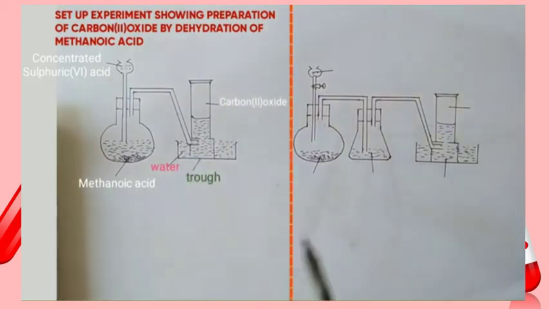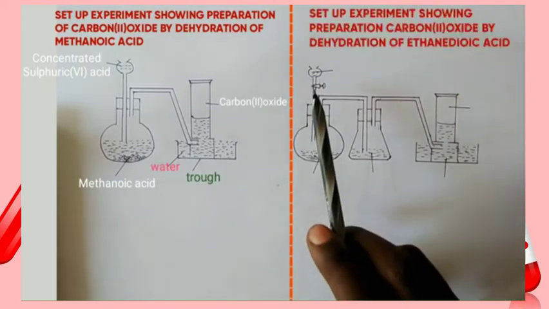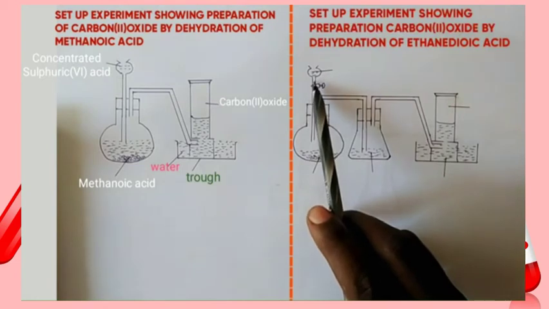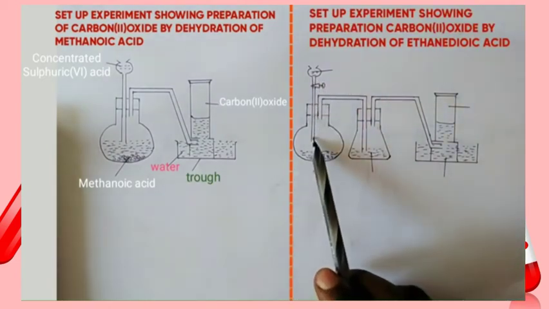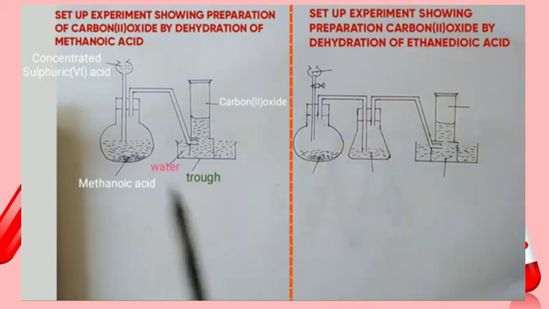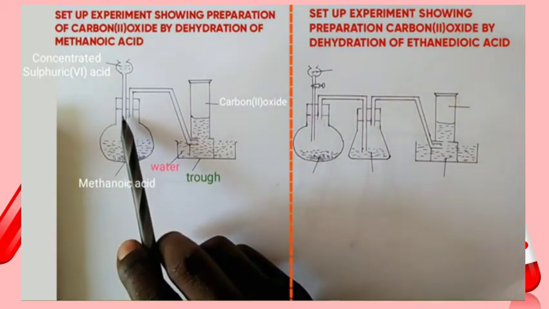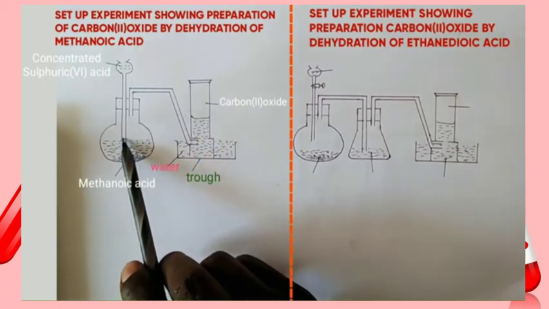Now when you prepare the gas by dehydration of ethane dioic acid or oxalic acid, the setup diagram is as follows. Now I have here a dropping funnel. When you're using a dropping funnel, it should not be dipped in the solution, unlike when you are using a thistle funnel, where the funnel should be dipped in the solution.